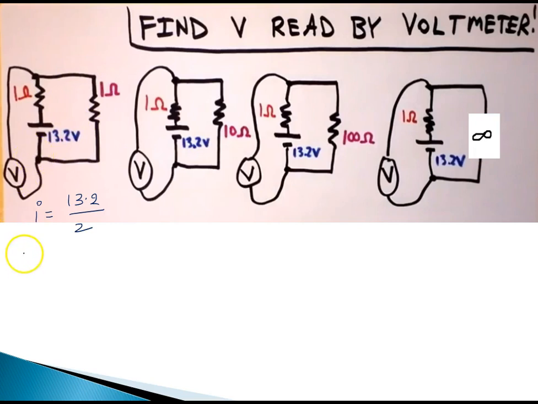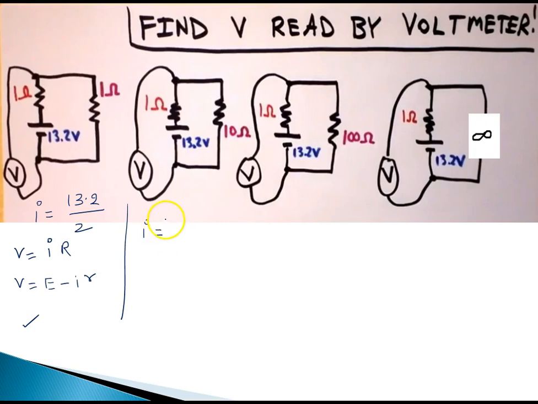So you can directly calculate the answer by using the formula V equal to IR. R is the external resistance, that is 1 ohm, and you can also use the discharging equation V equal to E minus Ir. This small r is the internal resistance of the cell, which is given as 1 ohm, and you can solve it.